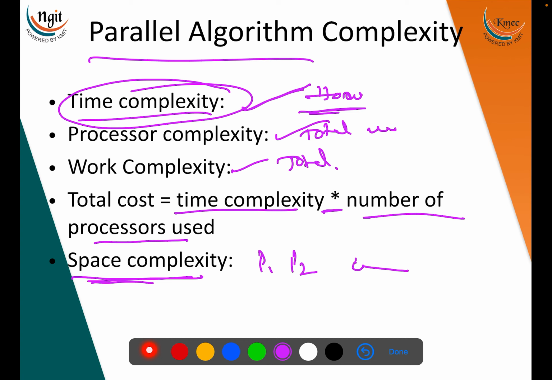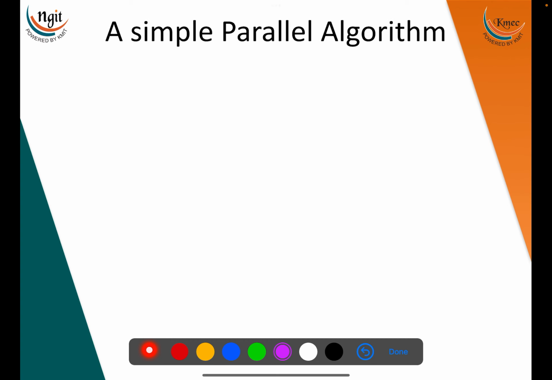Now, we'll talk about a simple parallel algorithm. For adding 8 numbers, we start with 4 processors and each of them adds 2 items in the first step. The total number of items is halved for every subsequent step. If you see the algorithm we drew just before, in every step the elements are halved, right?